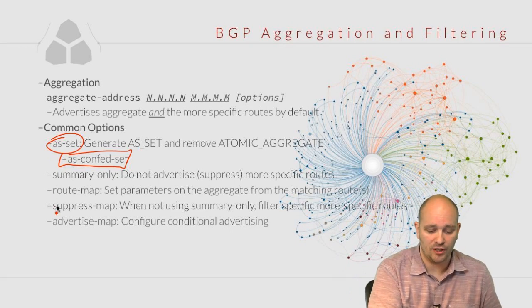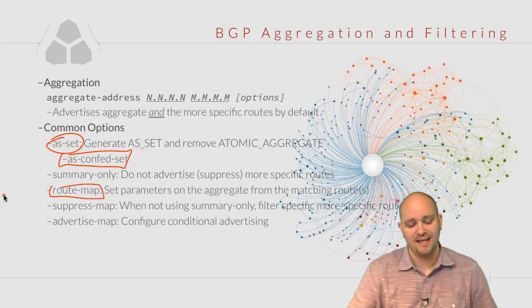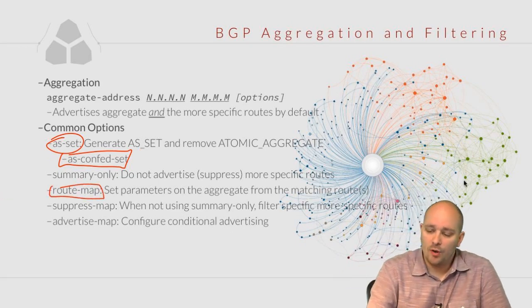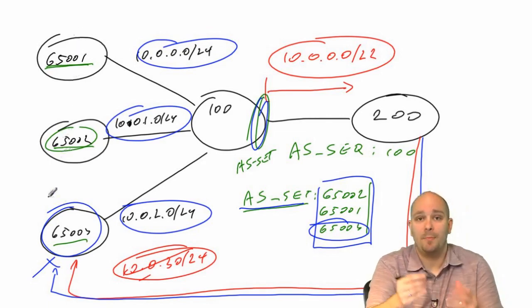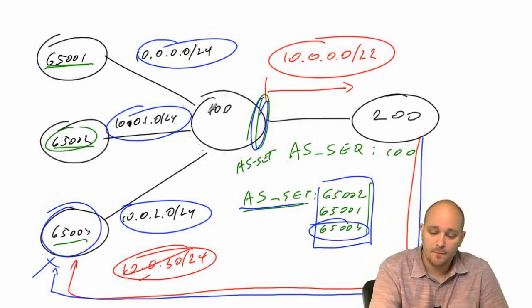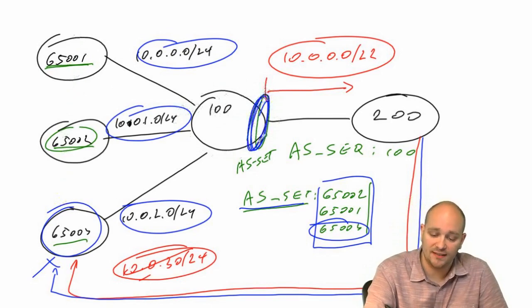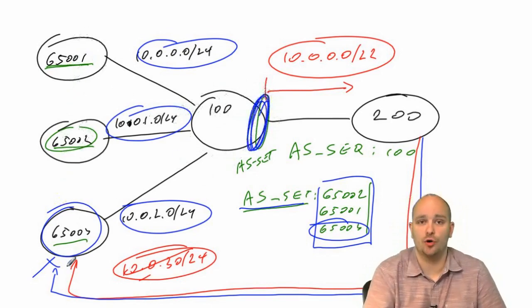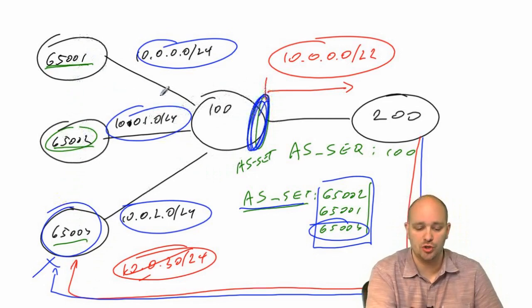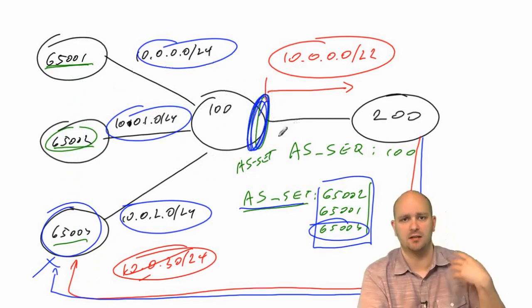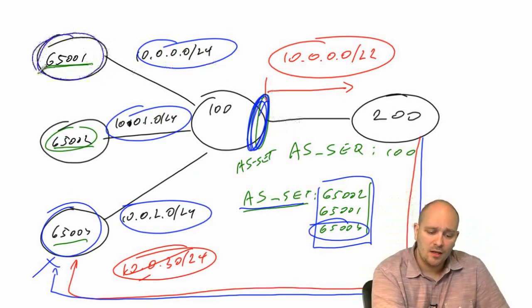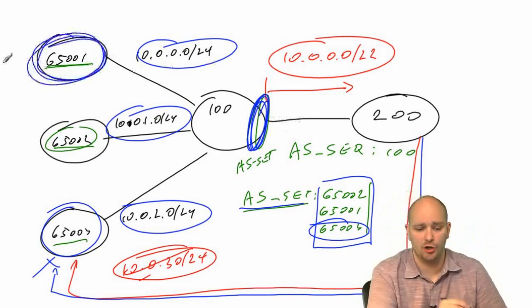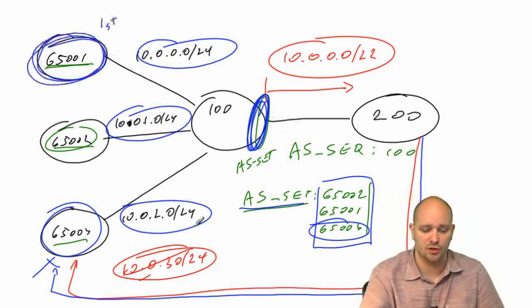Now, summary only we already talked about. The route map keyword is an interesting one. If we have multiple contributors like this, by default, when we create the aggregate, one of these is going to be taken into account to copy the attributes, like the next hop. Usually it will be the one that was learned first. Let's say that this one was learned first.